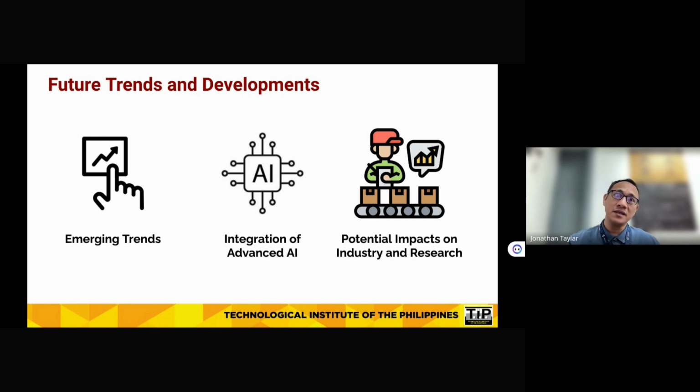AI is now transforming healthcare and life sciences by accelerating drug discovery, improving diagnostics, and personalizing patient care.